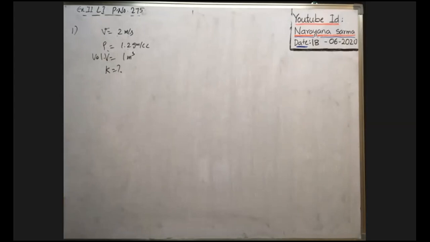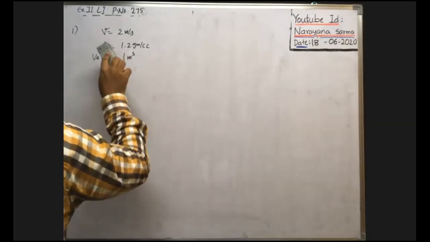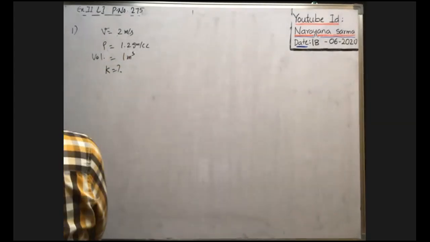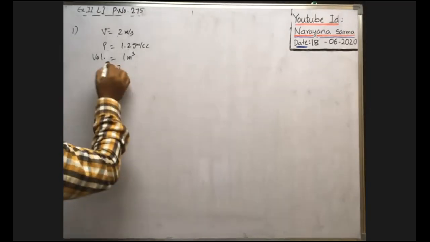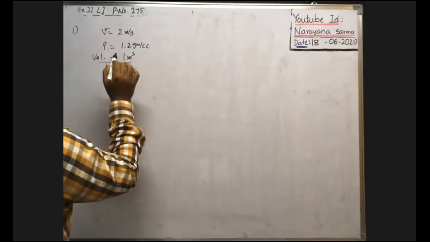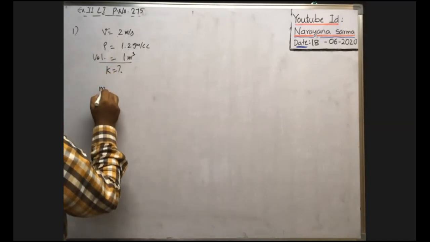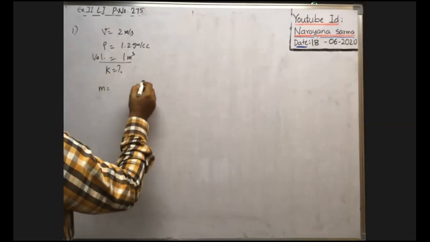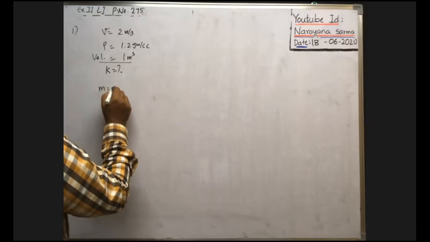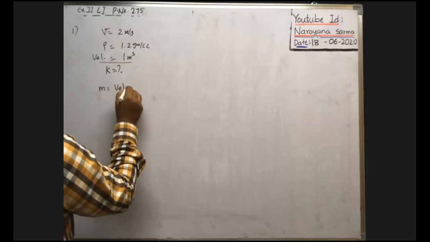For this much volume of the water, they asked the kinetic energy. What is the mass for this volume of the water? Density is equal to mass by volume. Mass is equal to volume into density.